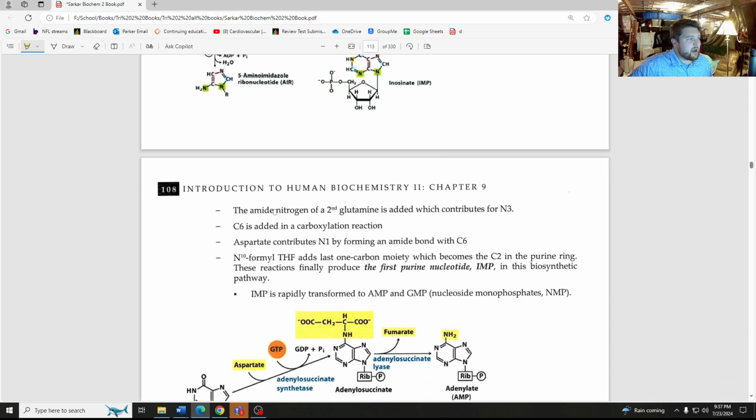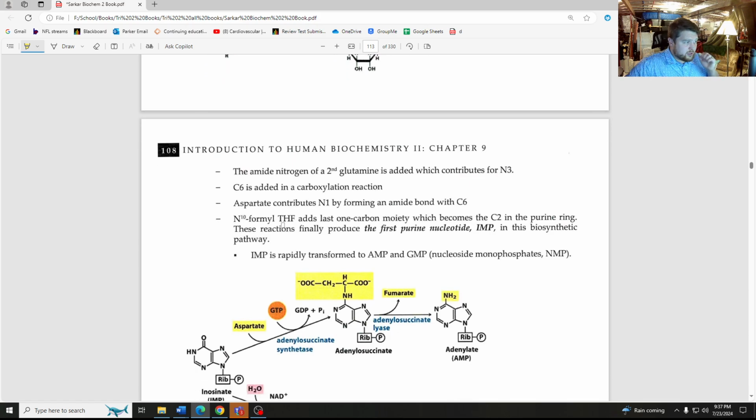The amide nitrogen of a second glutamine is added, which contributes N3. C6 is added in a carboxylation reaction. Aspartate contributes N1 by forming an amide bond with C6. N10 formyl THF adds one last carbon moiety, which becomes the C2 in the purine ring.